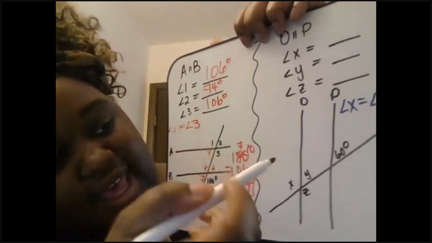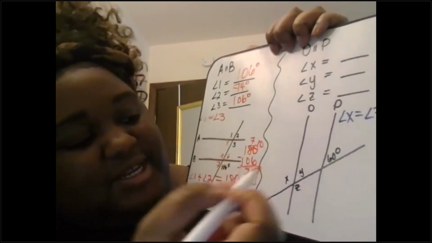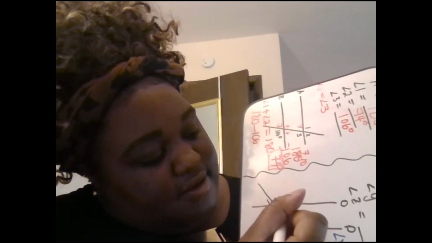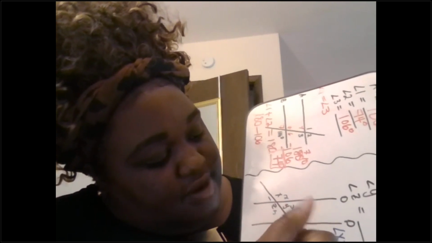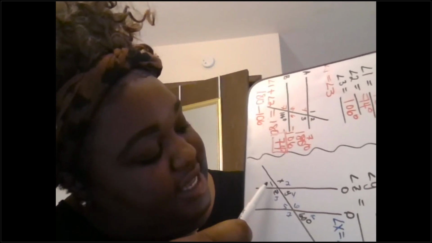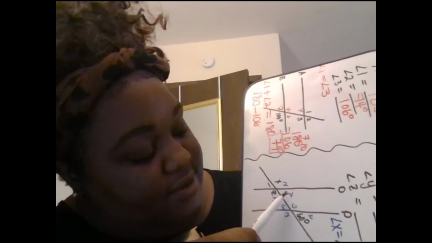Okay. Angle Y, if I was to number these again, and I can kind of flip it so it looks like the other one, it'll give me 1, 2, 3, 4, 5, 6, 7, and 8. So I know angles 1 and 4, or in this case, 1 and Y are equal.